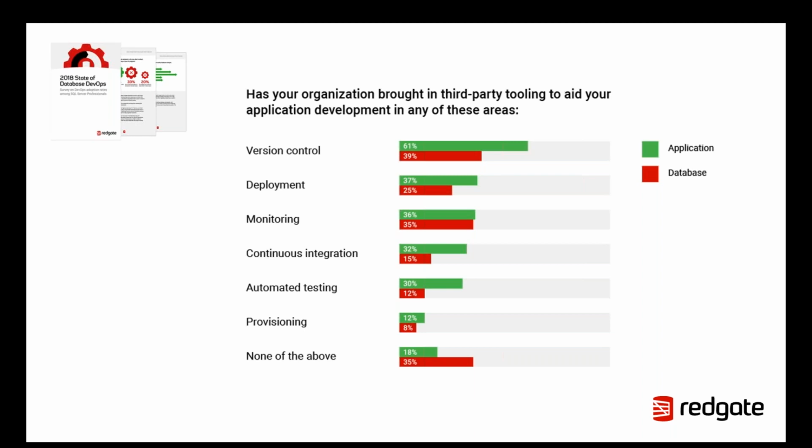And this is particularly prevalent when you look at practices such as version control, deployments, and automated testing. And by the way, this is all from the State of Database DevOps report that Redgate runs every year.